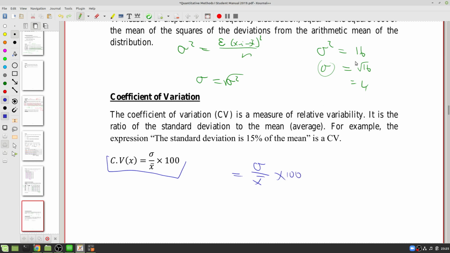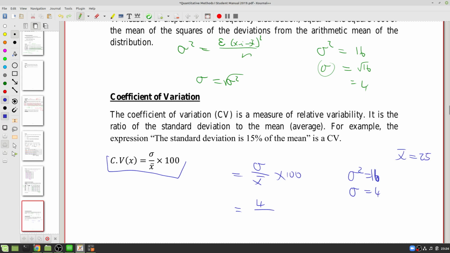Right, so let's use this again. Let's say our variance was 16. Then our standard deviation would be 4, the square root of the variance. Okay, so that'll be 4. And let's say our x bar, our mean, was 25.